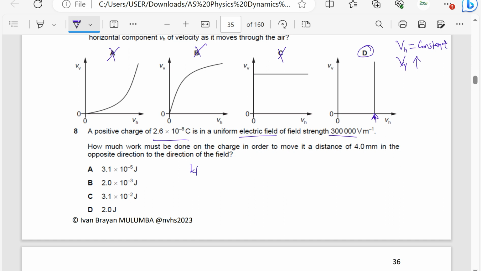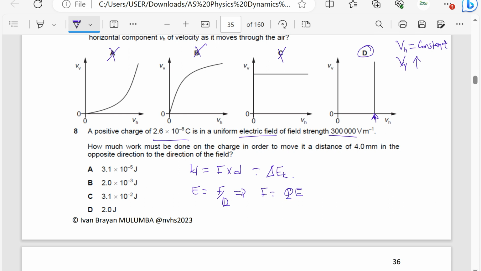So work done is supposed to be force times distance, but work done is the same as difference in kinetic energy. Also remember, the electric field strength is defined as the force per unit charge, which implies that the force is going to be charge times electric field strength.